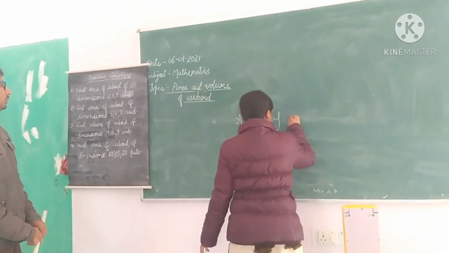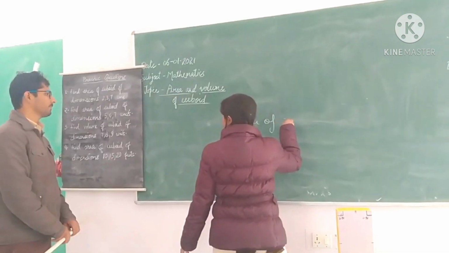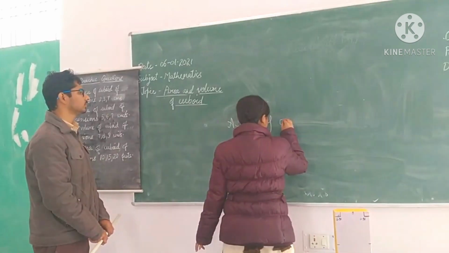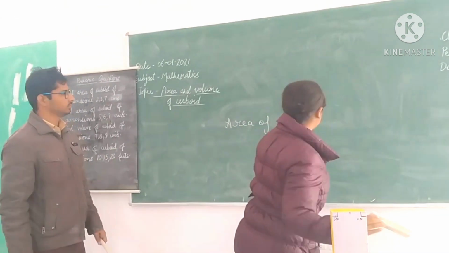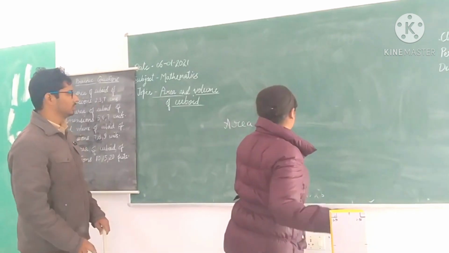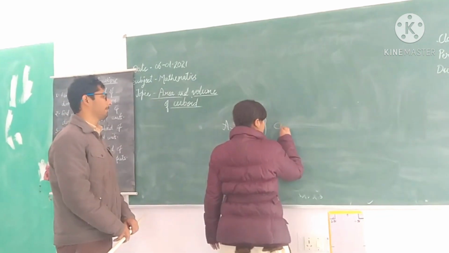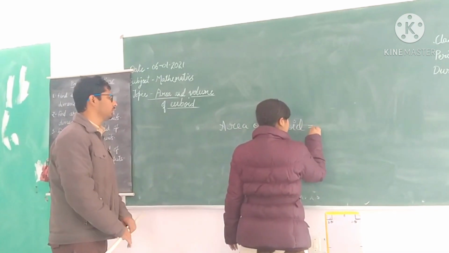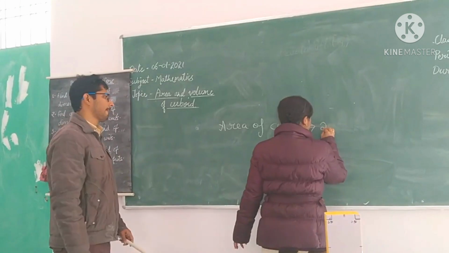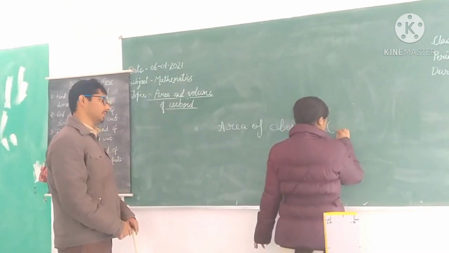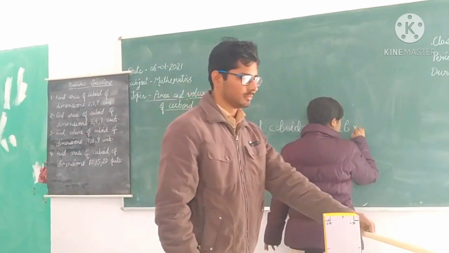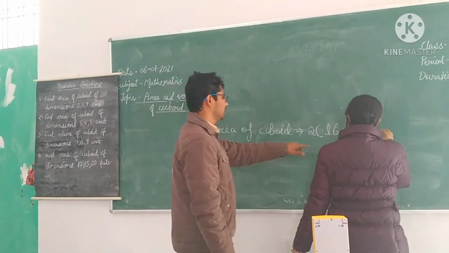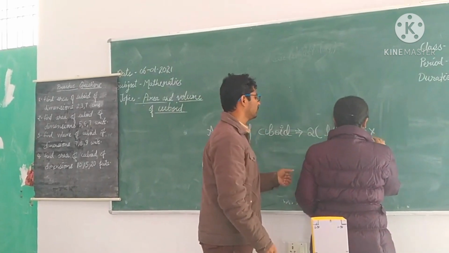So what is the formula of area of cuboid? 2 bracket L into B plus B into H plus L into H. Sign of plus, not into.